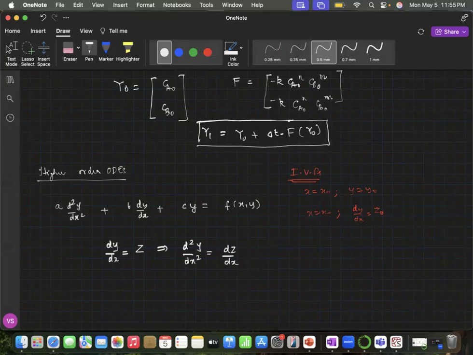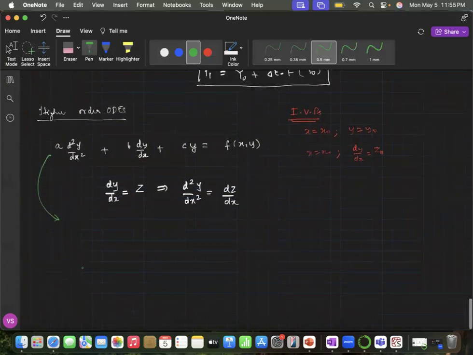So you are able to write this first equation as a dz over dx plus b z, in place of dy by dx, plus cy is some function of x comma y.